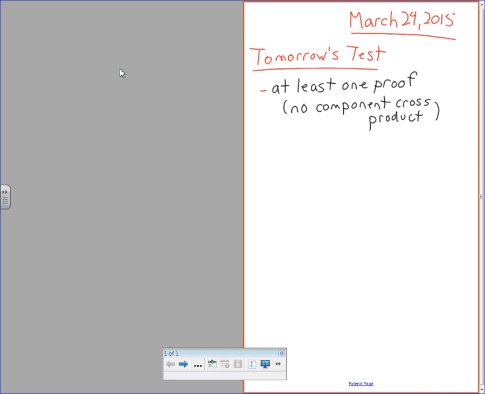There will also be lots of dot product, both magnitude A, magnitude B, and then we're doing components too.